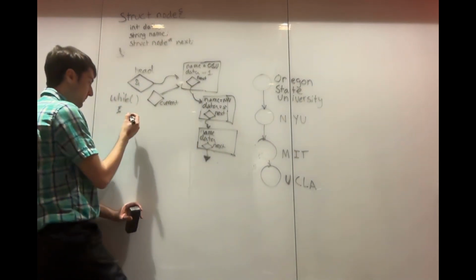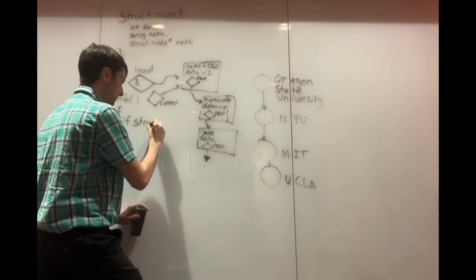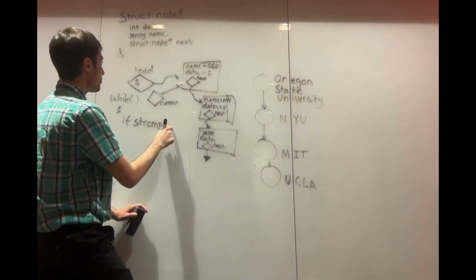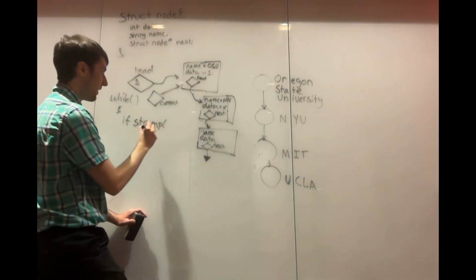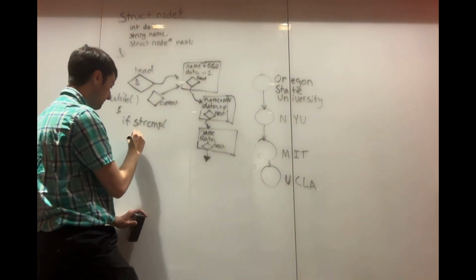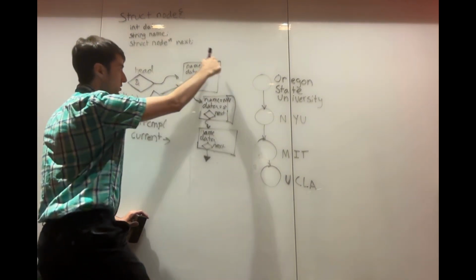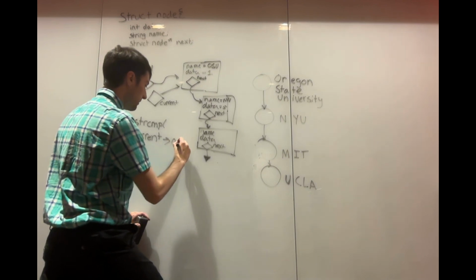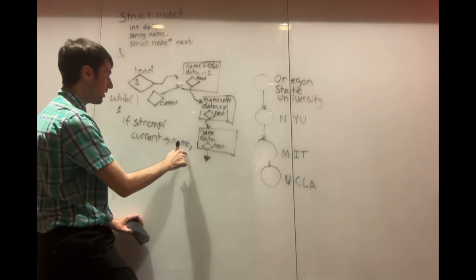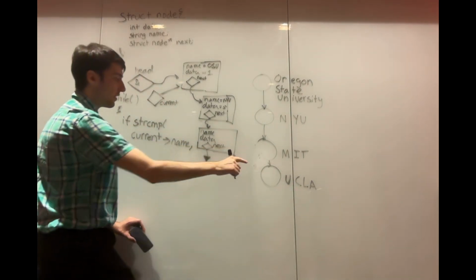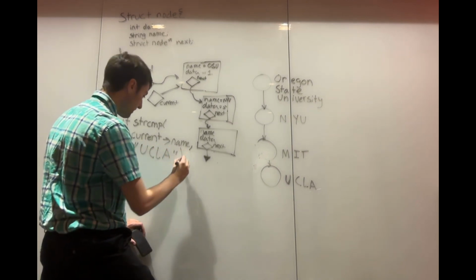So if, and then string compare, and then string compare takes 2 elements, the data, so that is going to be current. We want to go to current, go to this element, and access the name variable, okay? And then the second is we want the name UCLA, like that.